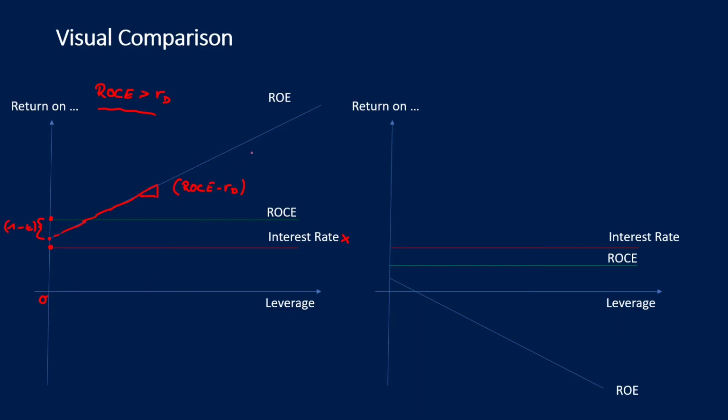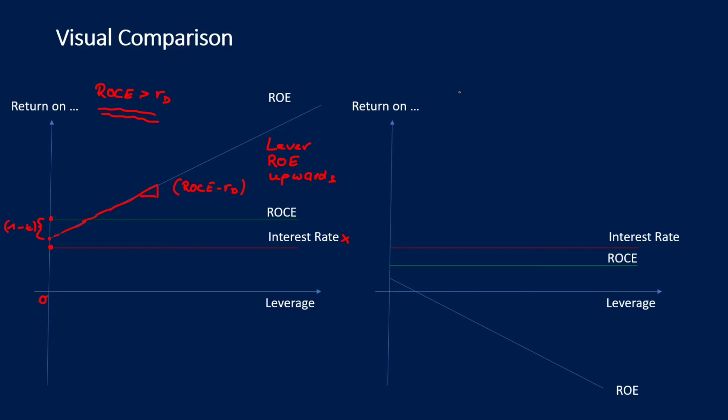Well, so seemingly we can lever, and that's where the name comes from, ROE upwards. With leverage, the ROE is rising as long as return on capital employed exceeds the interest rate.